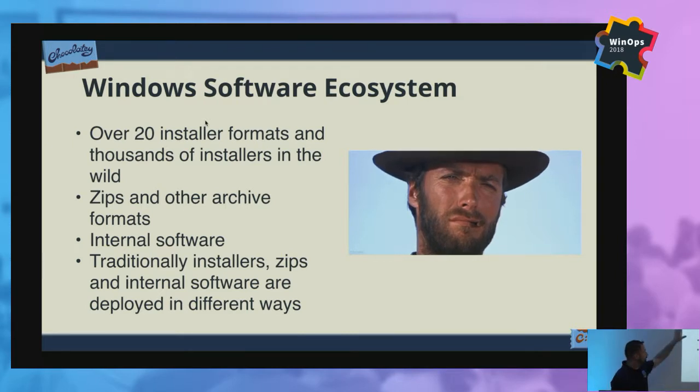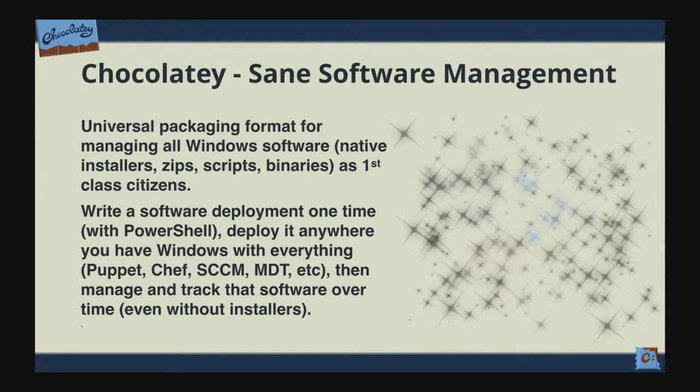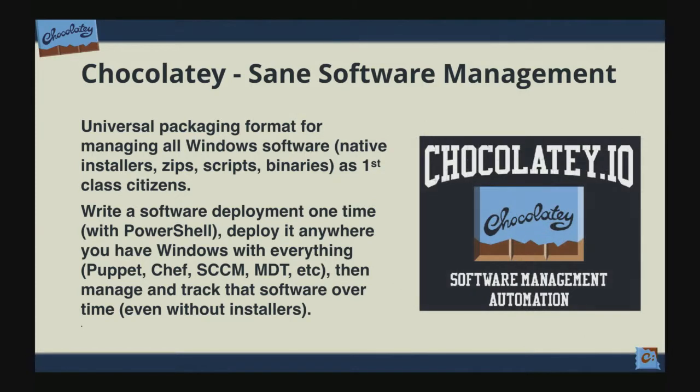When we start looking at those installers, we have one way of deploying them. When we look at the zips and archives, we have another way. And where Chocolatey steps in is it's more of this universal packaging format. So we take all aspects of this Windows software, and we treat them all as first-class citizens. So your zips, your scripts, your binaries, and yes, those runtime installers as well.